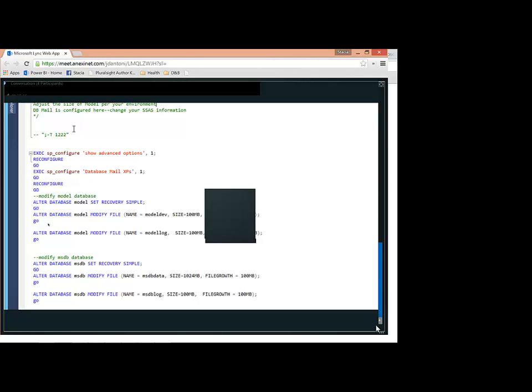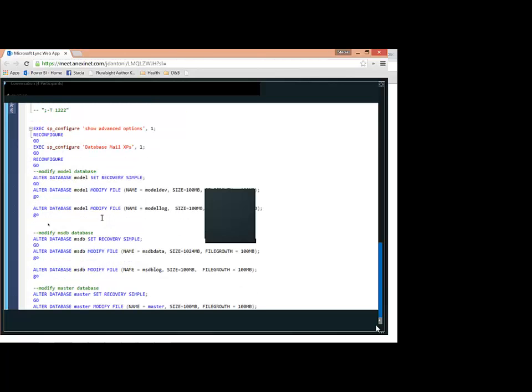Next, I went to MSDB, and I set it to 1024. MSDB actually stores some data, especially around DB mail and alerting. So I grew that to 1024, and I also modified its log file.